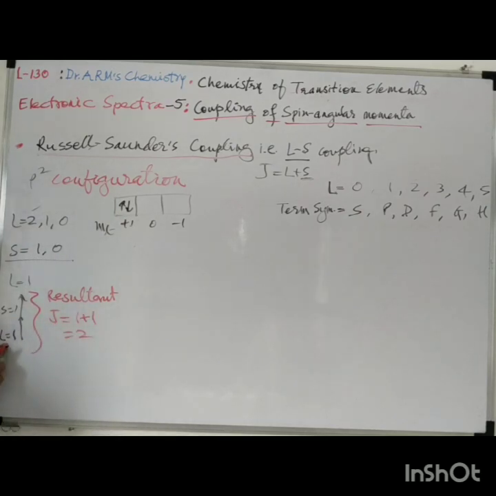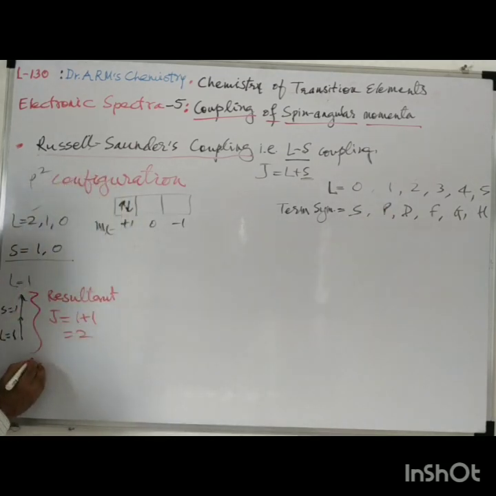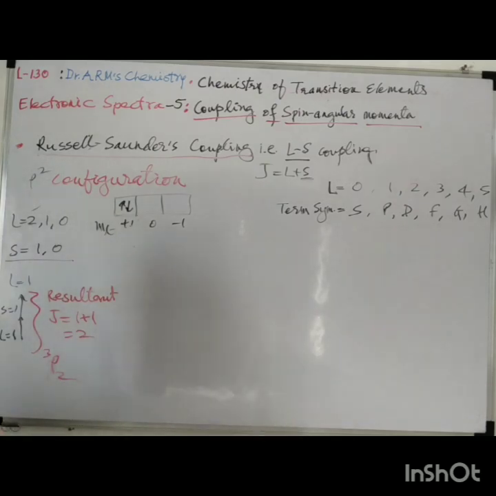And the term symbol for L is equal to 1 is P. Spin state for S equal to 1 is triplet. And J is 2. So it is given by 3P2.